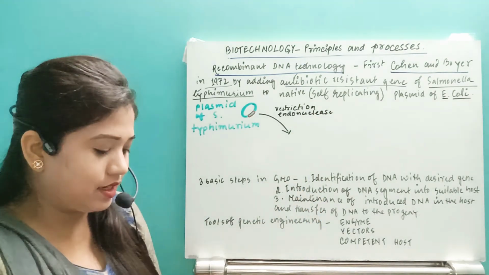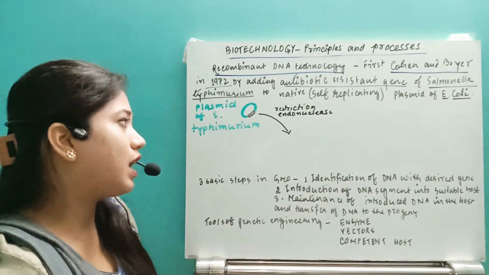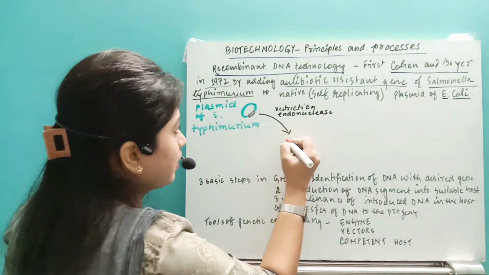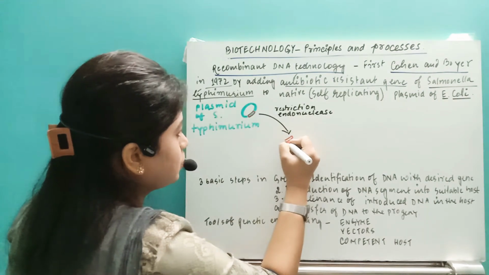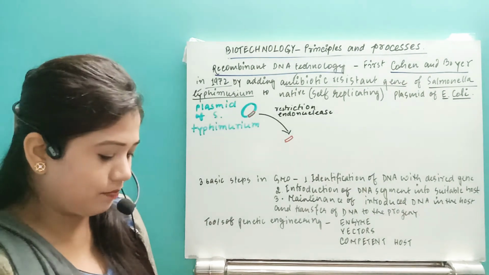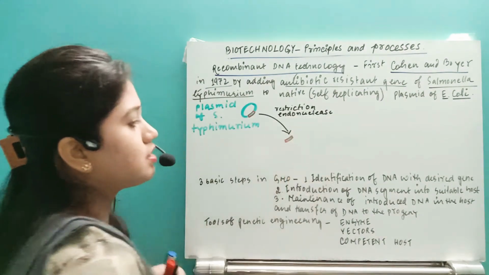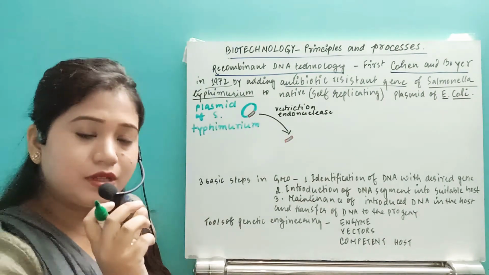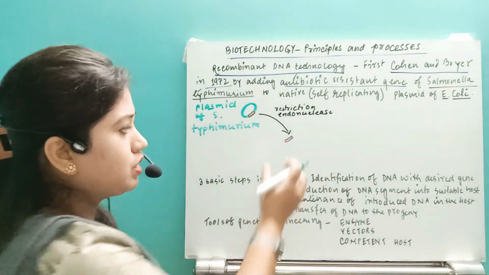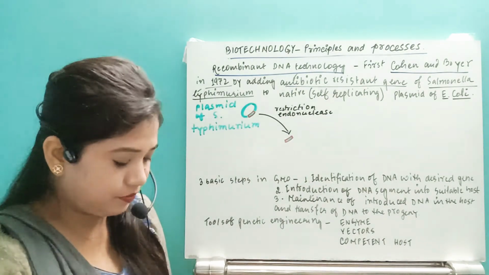By this restriction endonuclease, we will cut the antibiotic resistant gene from the plasmid of Salmonella typhimurium. Okay, so first of all what we have done is select out the desired gene fragment. So this is the desired gene fragment that we need, right?